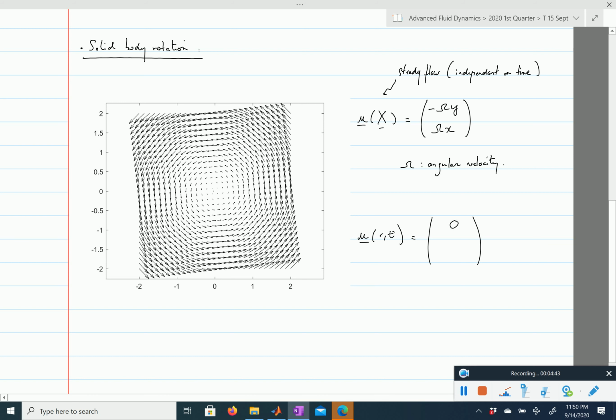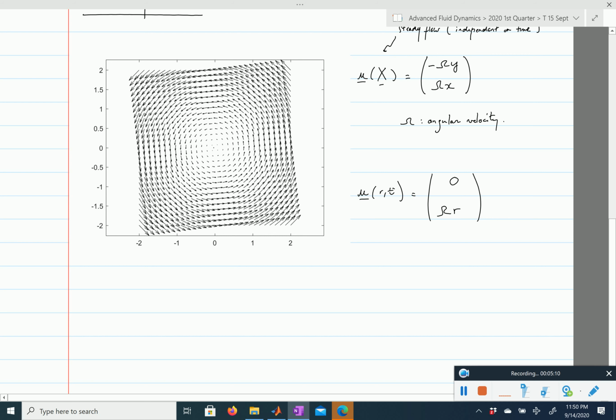The component in the circumferential direction, so normal or perpendicular to the radial direction, is non-zero, and it's increasing linearly with the distance to the origin. So here it's 0 and increases linearly with r. And the coefficient of proportionality, of course, is the angular velocity. So the component in the circumferential direction is omega r.